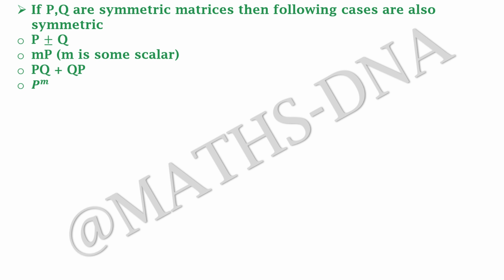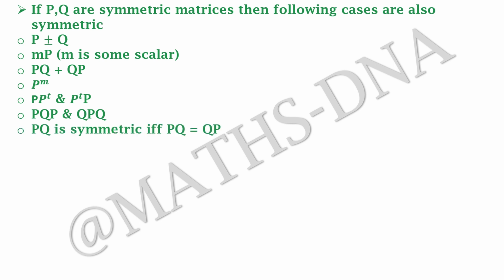Then P raised to M, where M belongs to the natural numbers, is also a symmetric matrix. Also P into P transpose and P transpose into P will give you a symmetric matrix, and PQP and QPQ will also give you a symmetric matrix. And last but not the least, PQ is symmetric if and only if PQ is equal to QP.